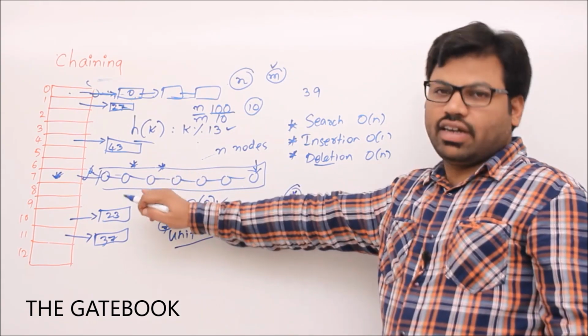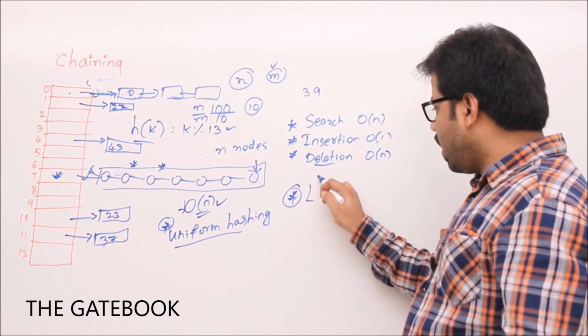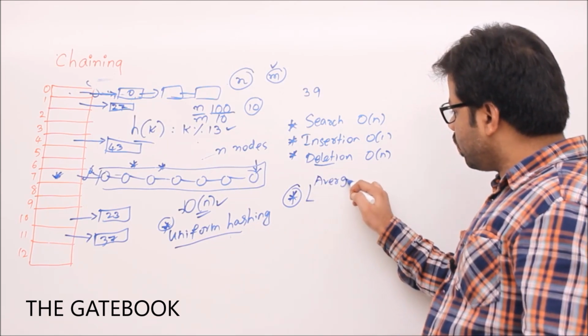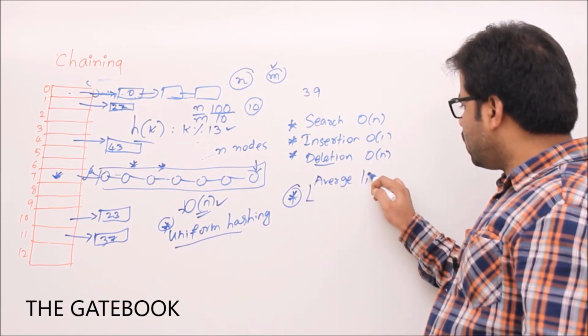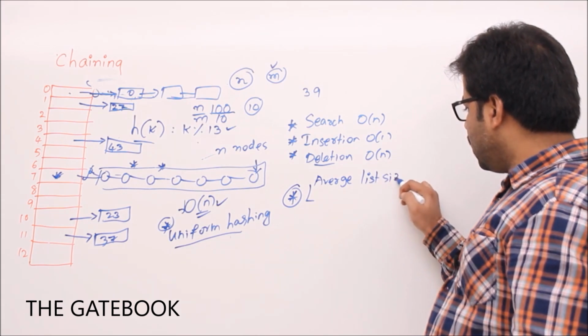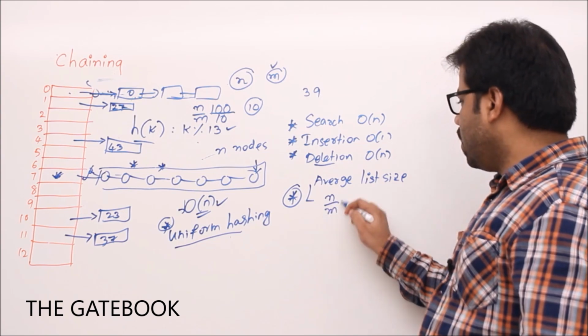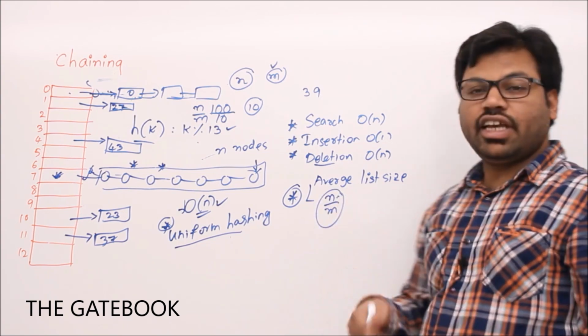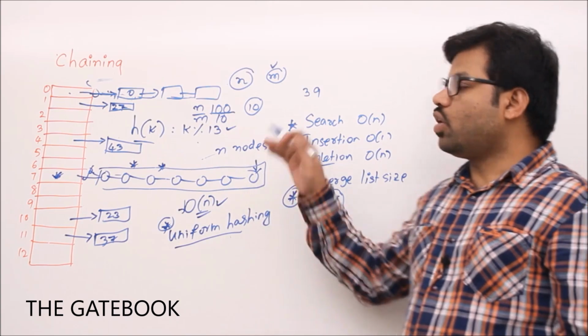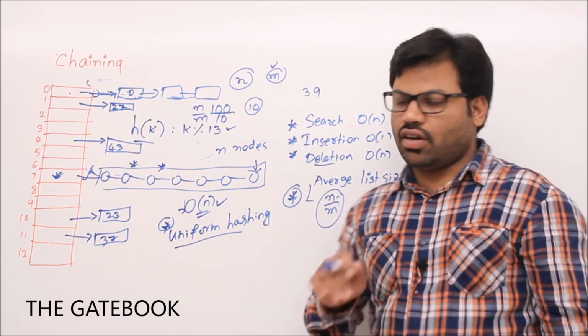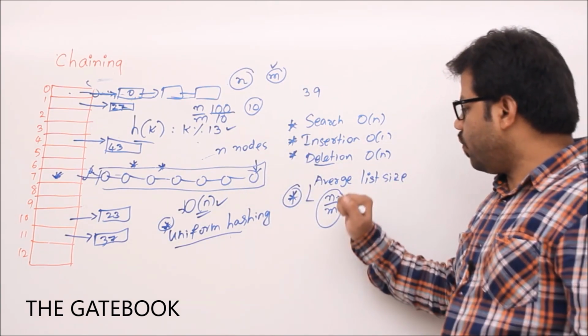So the average linked list size in chaining is just n by m, where n is the total number of elements you are inserting and m is nothing but the total number of buckets you have taken. Now what we do is carefully plan our m.